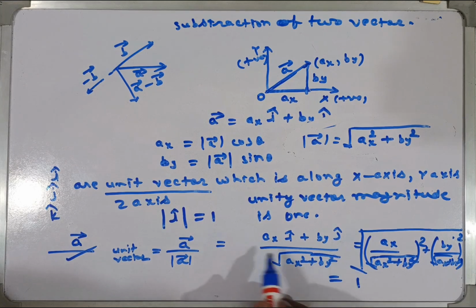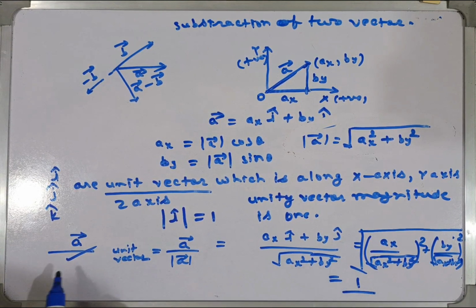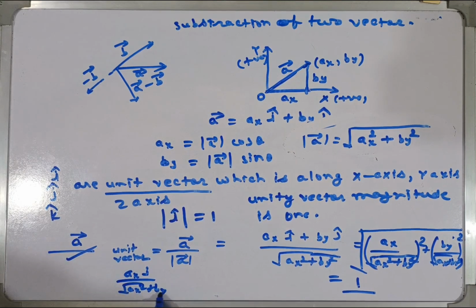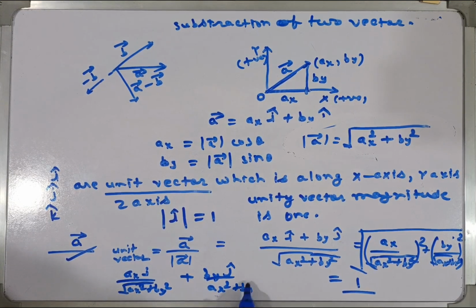Okay guys, so this one is a unit vector, so you can write it like this: ax i plus by j over the square root of ax square plus by square. So this one is a unit vector.